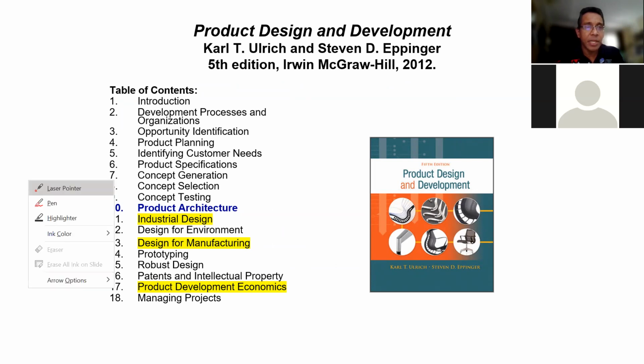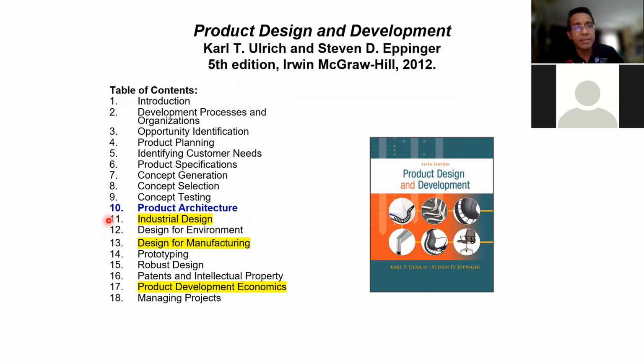And then I will cover the rest of the topics. After product architecture, we go for industrial design, and then design for manufacturing, DFM, and last we have product development economics.